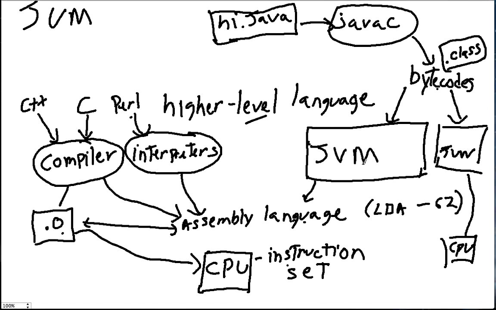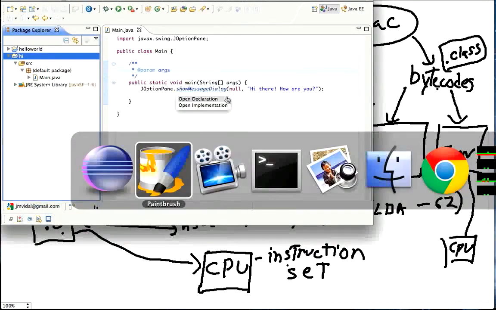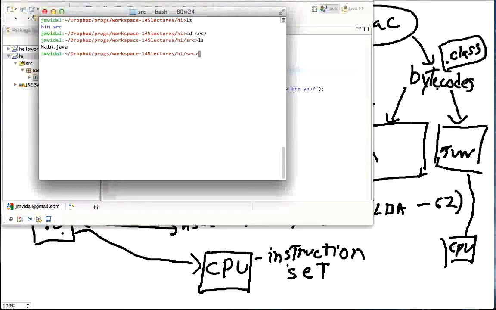So you still need this JVM virtual machine to interpret those and turn them into the language of your own CPU. If you look, here's the Java file. Here is my workspace. I have a program here. I have the bin and the source folder. If I go into the source folder, you see my Java file.